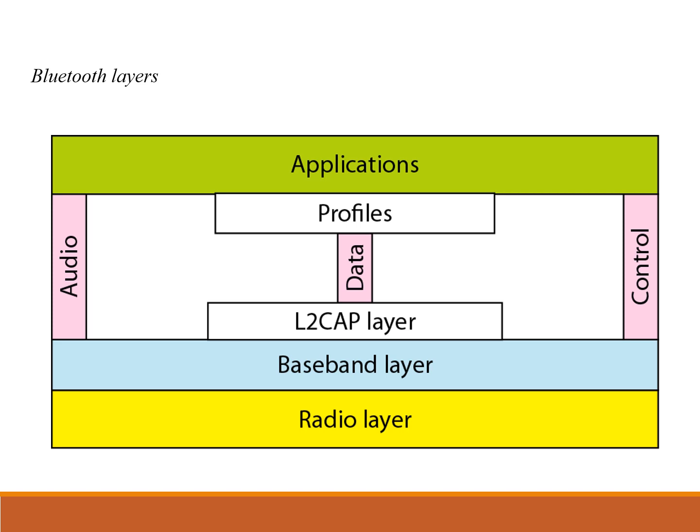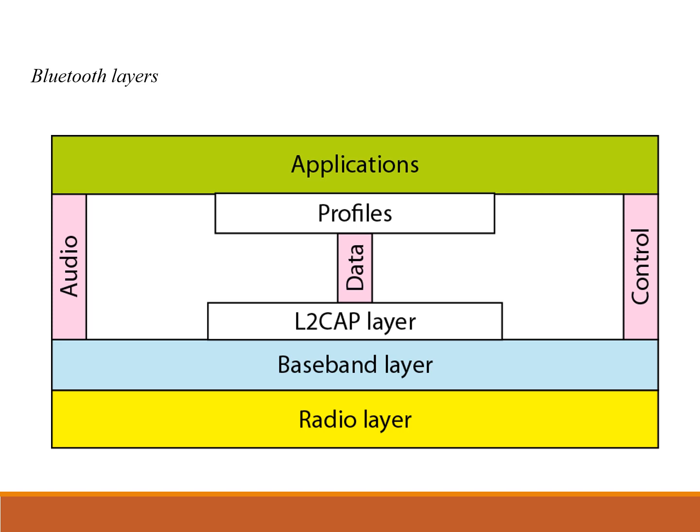In FHSS, Bluetooth uses the frequency hopping spread spectrum method in the physical layer to avoid interference from other devices or other networks. Bluetooth hops 1600 times per second. A device uses a frequency for only 625 microseconds before it hops to another frequency.